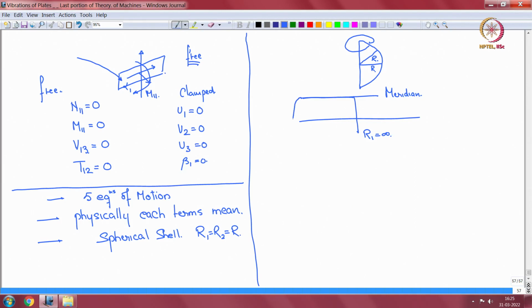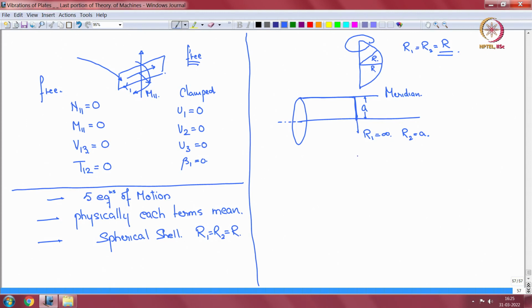Then it revolves around this axis and generates the cylindrical shell of revolution. The intersection of this with the axis is your second radius of curvature, R2 is A. So by that logic, for a sphere R1 and R2 are both equal to R, the radius of the sphere.